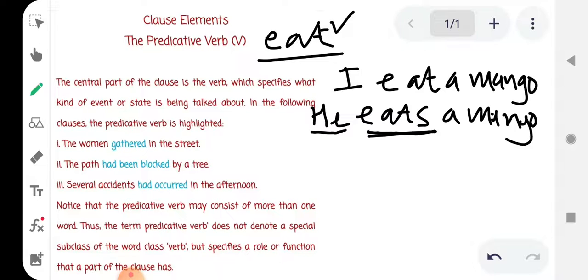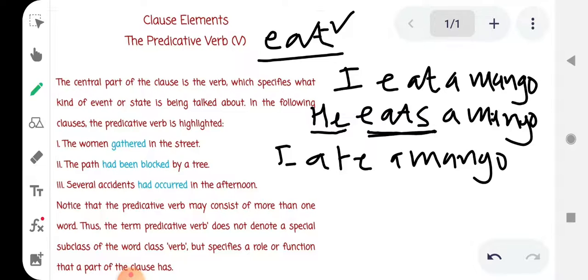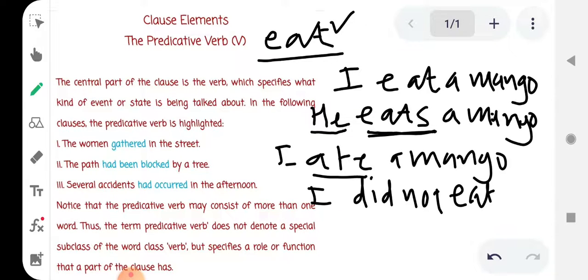Okay. Then if I say I ate a mango, this is the past tense of it. I did not eat a mango. This is the verb phrase here.